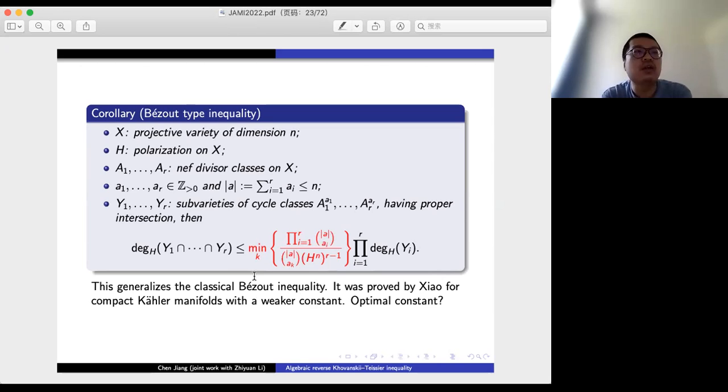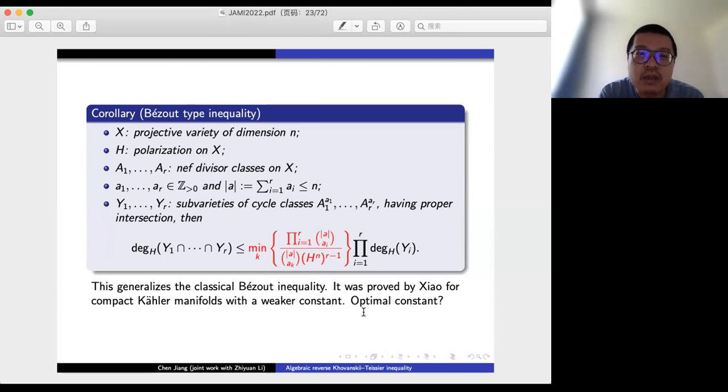But on the other hand, we don't know whether this constant is optimal, and I think maybe not. It's still very large, but we don't know how to improve it. Maybe in some special cases it is optimal, but in general I don't know. Okay, so this is the first application.